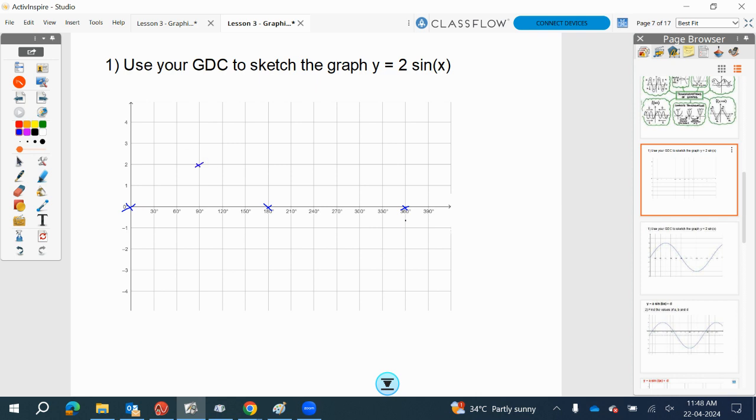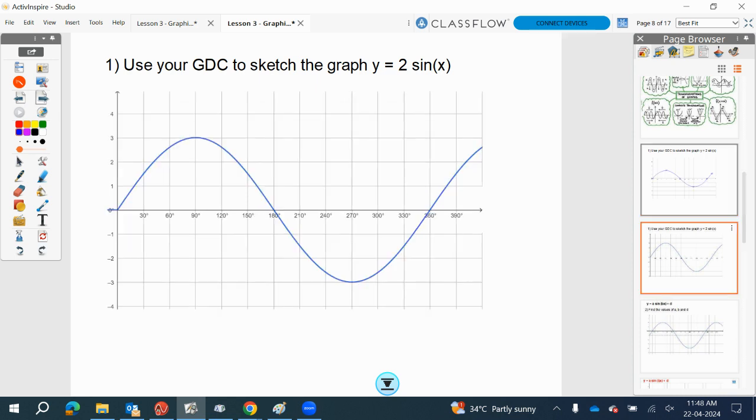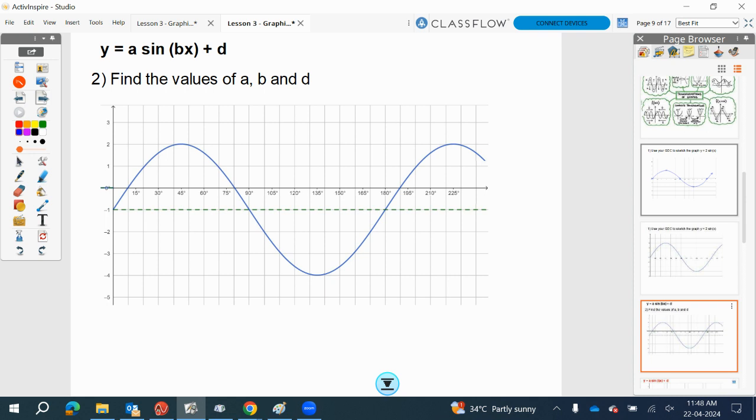The maximum is going to be here at 90, 2. The minimum is down here at 270. Then, with a single curve, we show our sketch. This one continues, so I'll just continue it up like that. There's our sketch. It should look like this. Okay, have a go with this one now and find the values of A, B, and D.